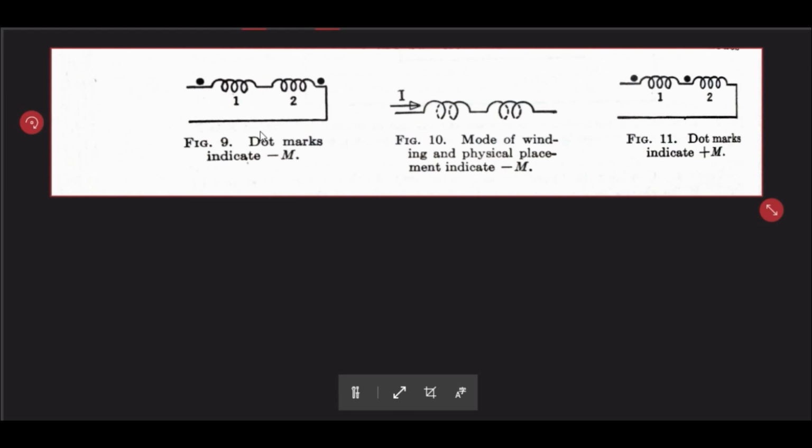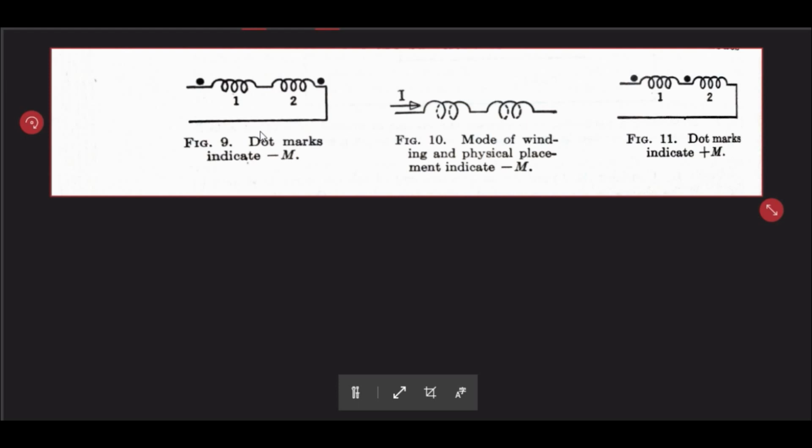Even if you take a simple voltage source and connect it across this coil shown in figure 9, what will happen?